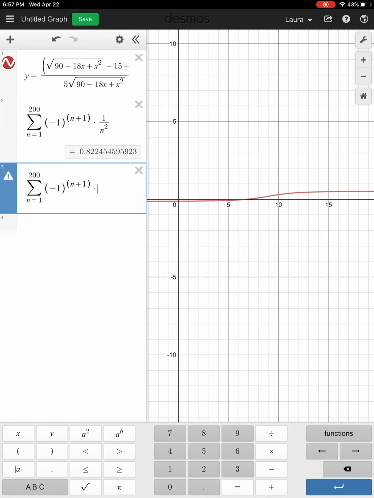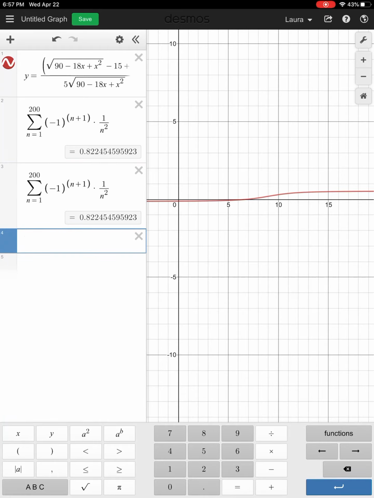This is the only way I know how to do this. And then I back arrowed and then backspace. Now you have to put this in parentheses, and this is your n plus 1. If you don't put it in parentheses, it won't let you put everything up there.